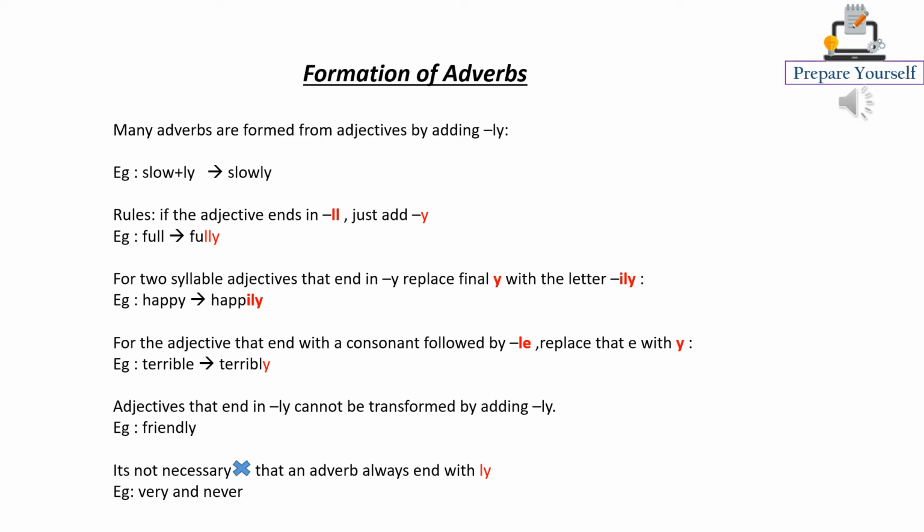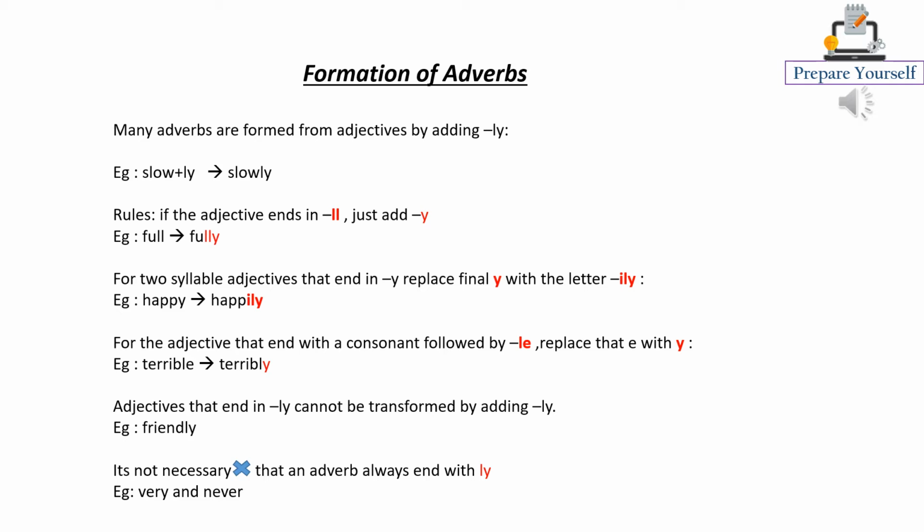Next example is if the adjective ends with a consonant followed by LE. So if the word ends with LE, we have to see whether the letter adjacent to LE is a vowel or a consonant.